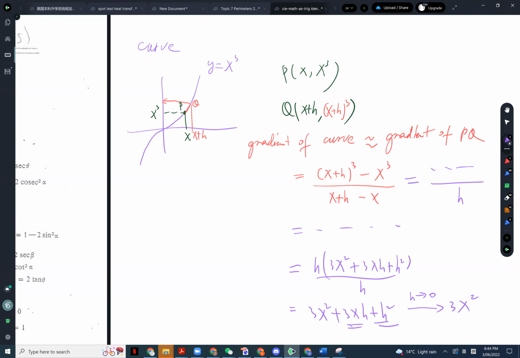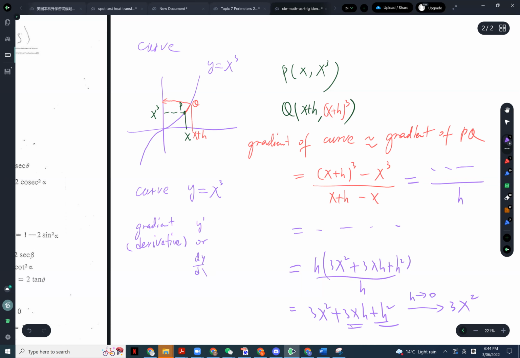That's why, for a curve equation y, the gradient of the curve is called the derivative. Symbol y dash, or dy dx, equals 3x squared. That's the idea.